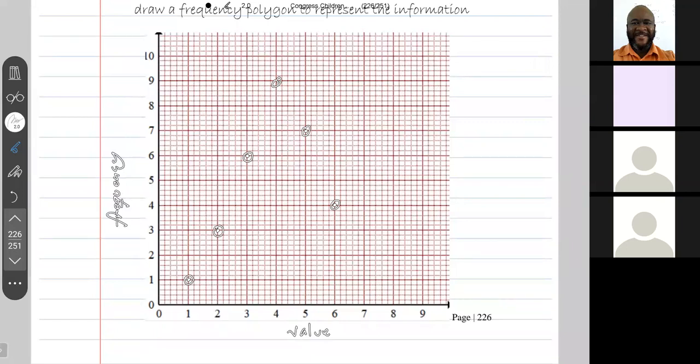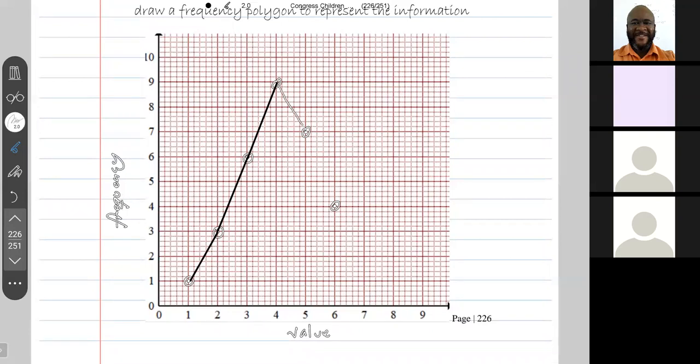So I'm going to connect my points using a ruler. Connect them in order.